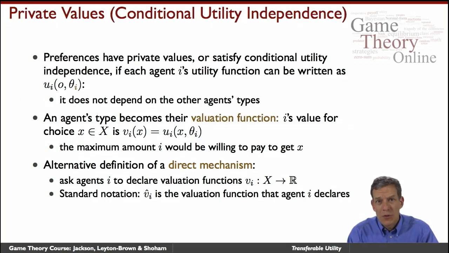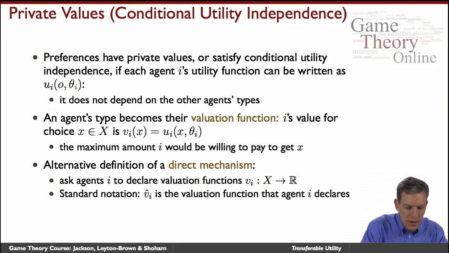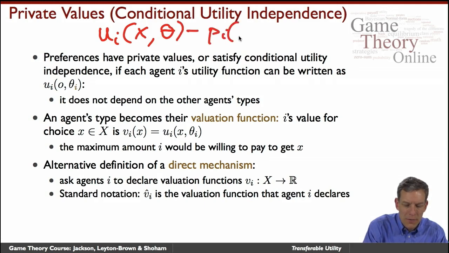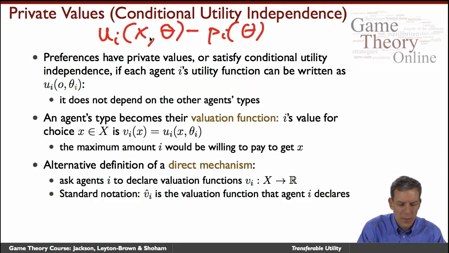One thing that's going to be very useful in these kinds of settings, and a lot of the analysis we do going forward, will be in a special case of quasi-linearity. We're now writing people's utility overall as a utility of x(θ) and θ, minus p_i(θ), and this x can depend on theta.